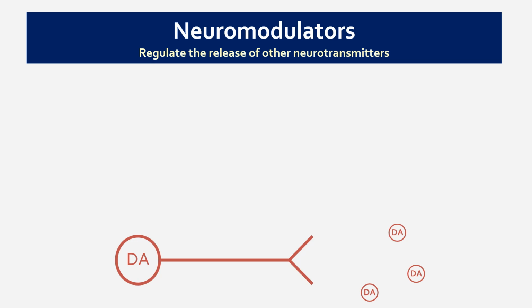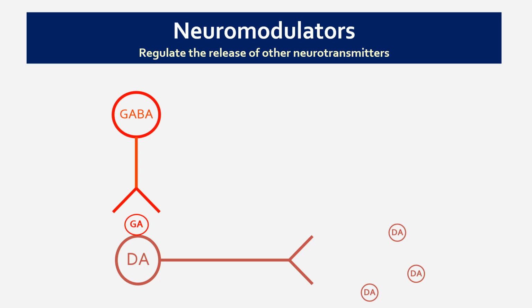So this dopamine neuron is ticking away, it's releasing dopamine. You've got DA there, the cell body of the neuron, and then the little molecules of DA, the smaller circles, are molecules of dopamine being released as the neuron fires away. The release of dopamine from these neurons is controlled in part by the action of GABA on the cell body of the dopamine neurons. Remember, GABA is an inhibitory neurotransmitter.